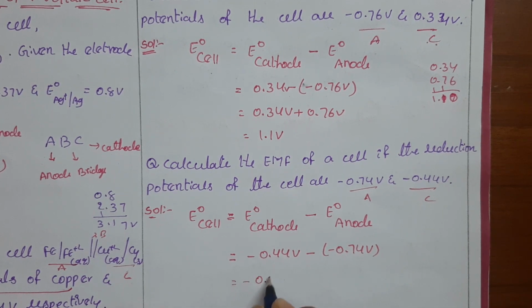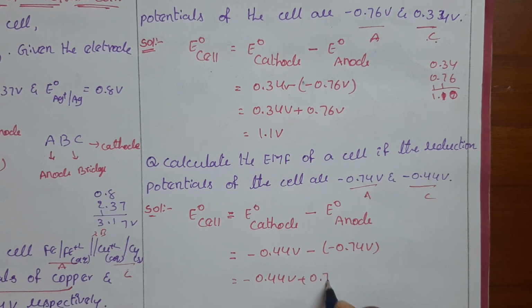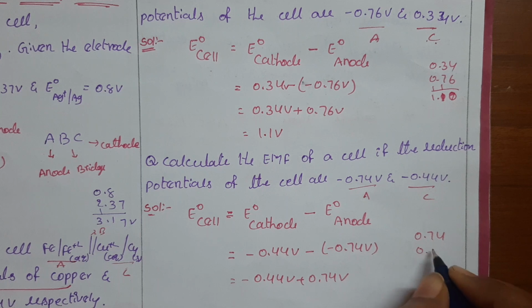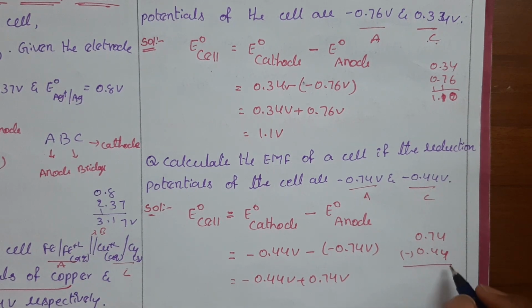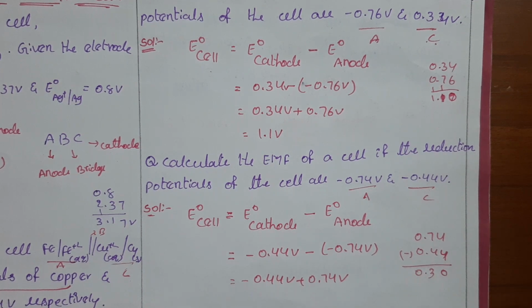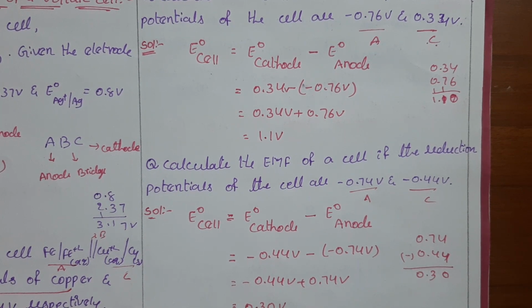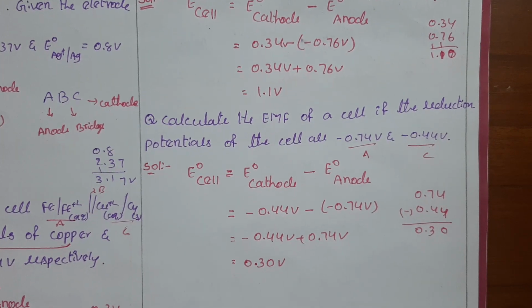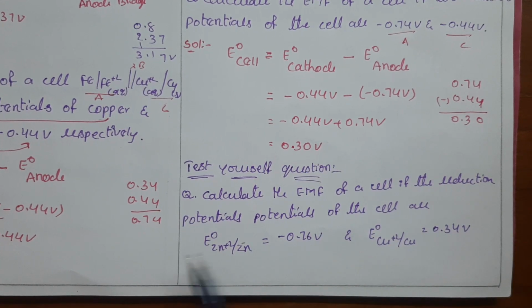It is nothing but minus 0.44 volts plus 0.74 volts. That means subtract 0.44 from 0.74, which is 0.3. So what is the answer? 0.30 volts. E naught cell of the reaction is 0.30 volts.